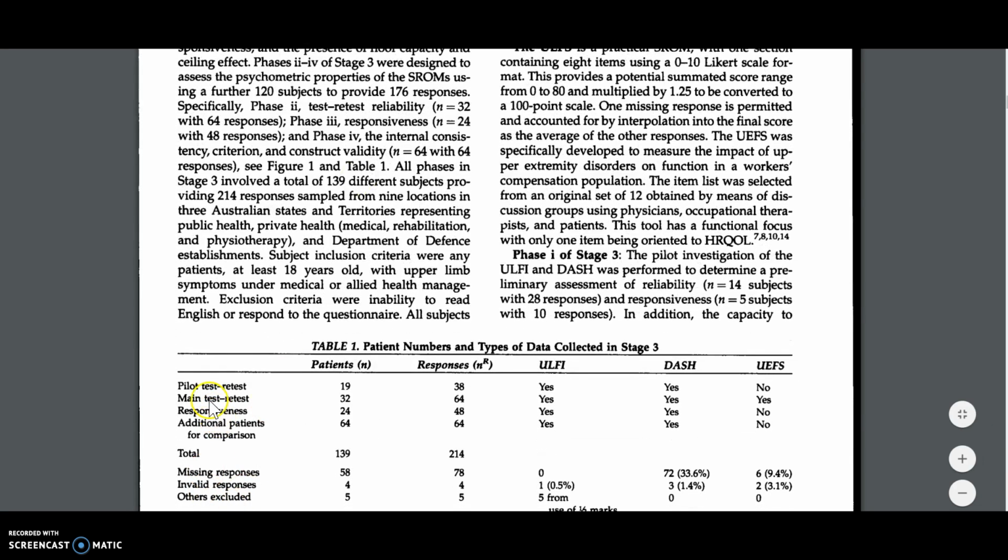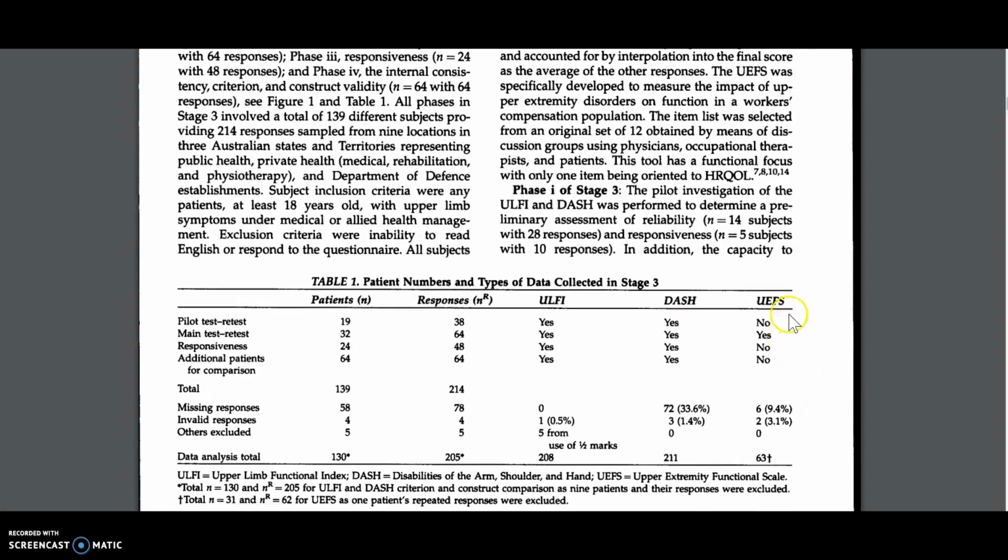So there was a pilot test and there was a main test. And then that goes on to continue to add again, the number of patients, the number of responses, and if that information was collected from the ULFI, the DASH, and the UEFS. If you notice, some of this information was not collected from the UEFS.